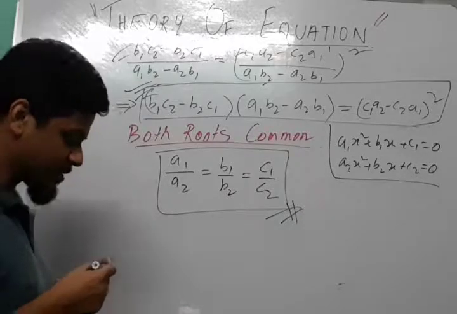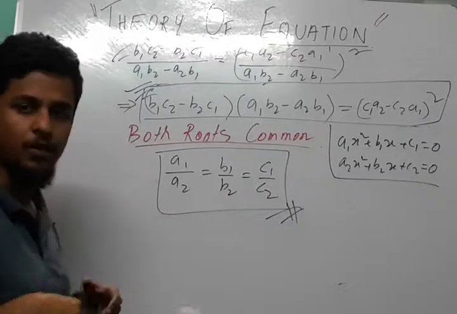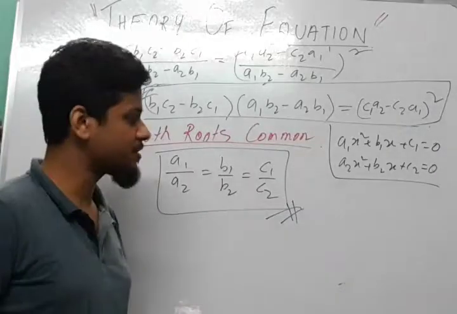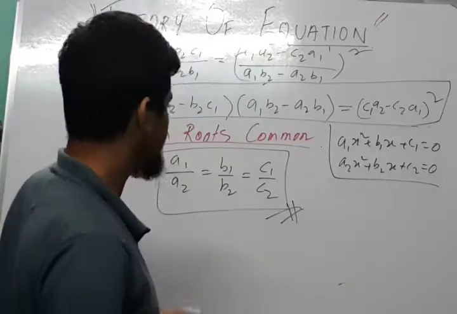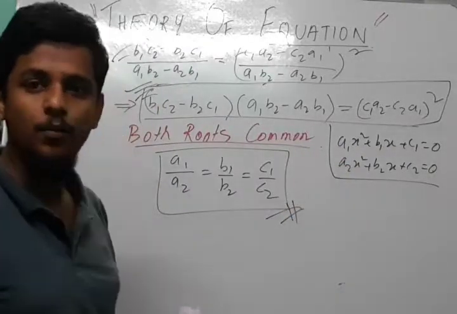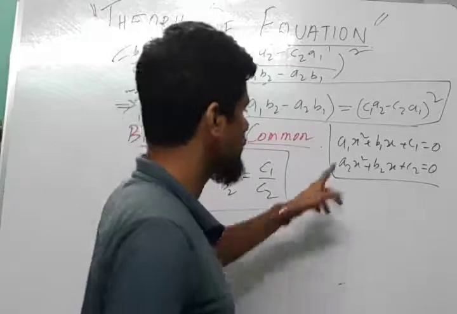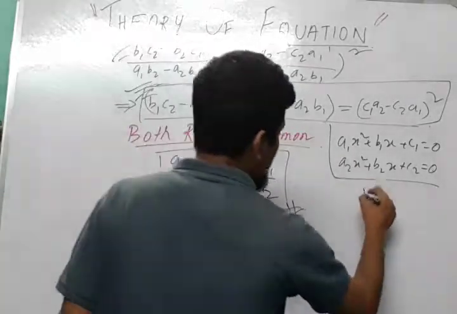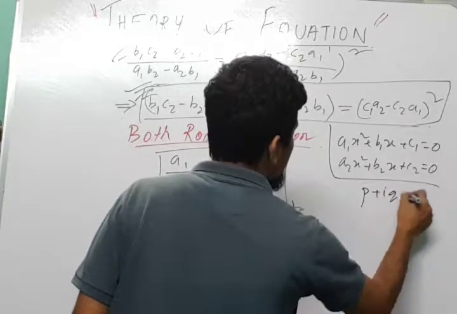Now there are some subcategories or some trick questions, which are basically trick concepts associated with this. So suppose these two quadratic equations have one complex root common, and let that root be p plus iq.